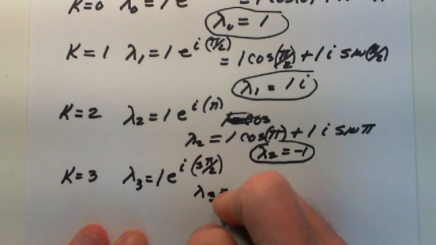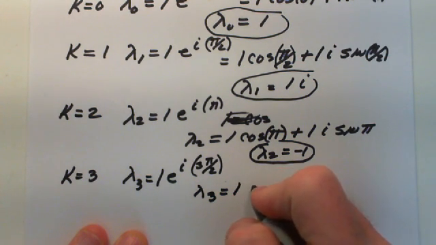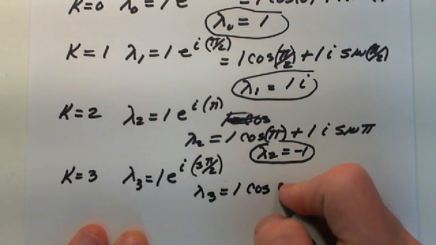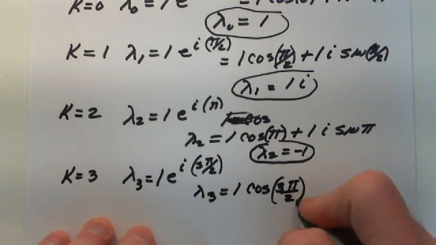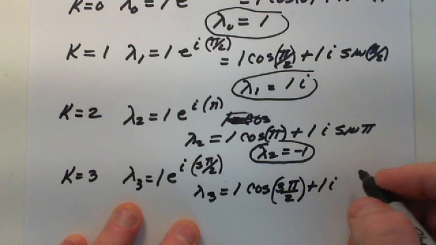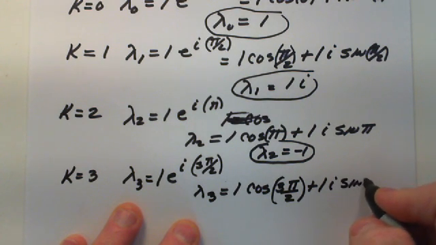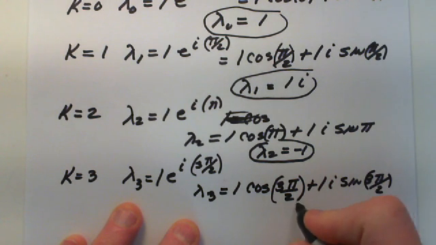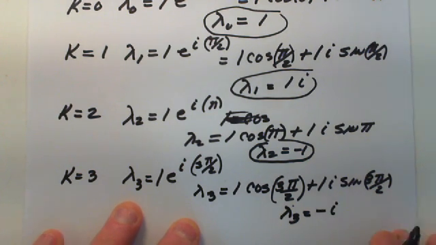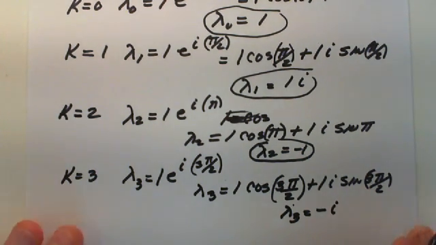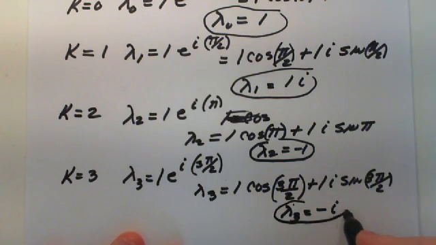Lambda 3 is going to equal 1 times the cosine of 3 pi over 2 plus 1 i times the sine of 3 pi over 2. That's going to give us lambda 3 equal to minus i. Alright, so we got everything we need here. We got all our lambdas.